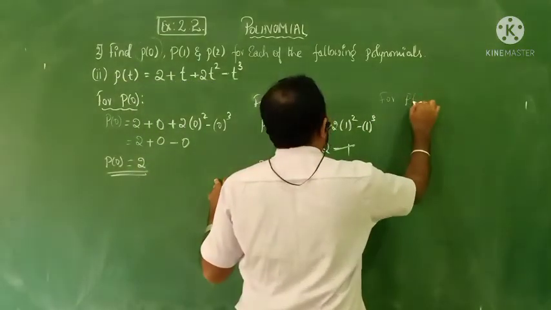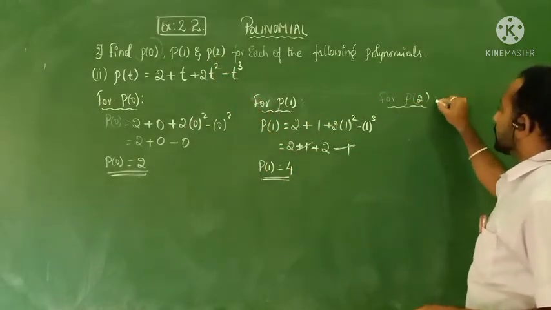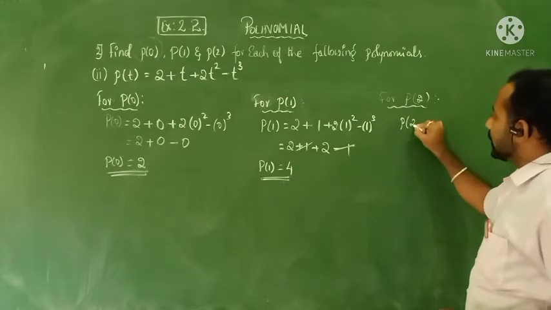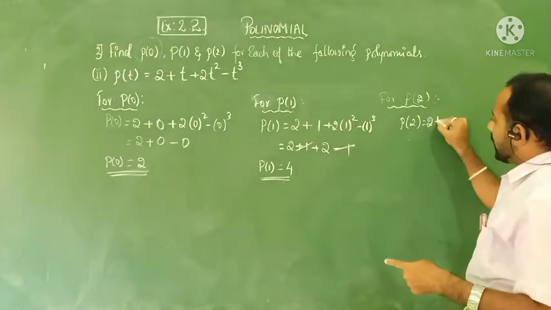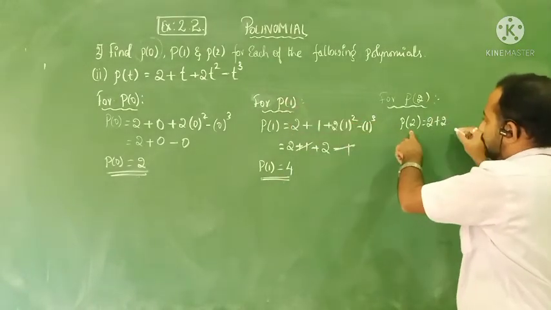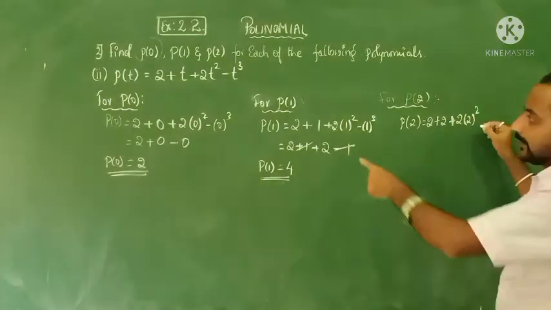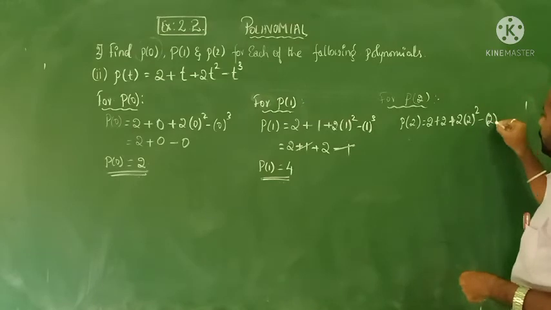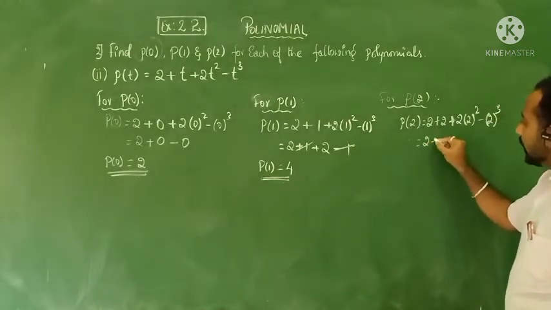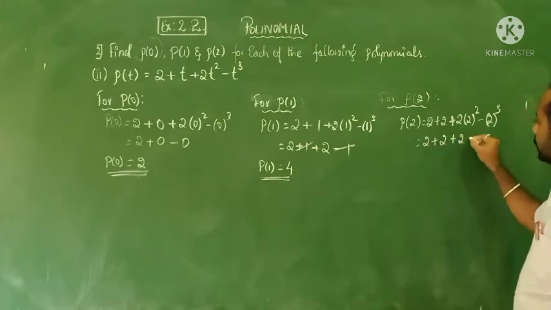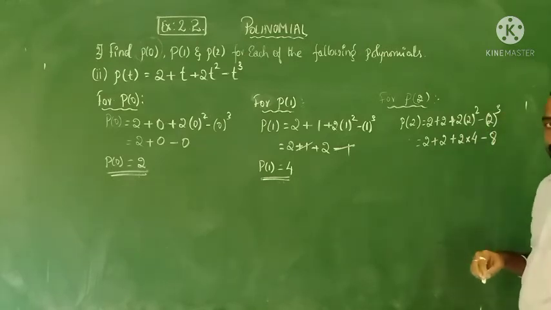Next, for P of 2. P of 2 is equal to same, 2 plus t, which is nothing but 2 plus 2 into 2 whole square minus 2 whole cube. Now 2 plus 2 into 2 square is 4, minus 2 cube is 8.